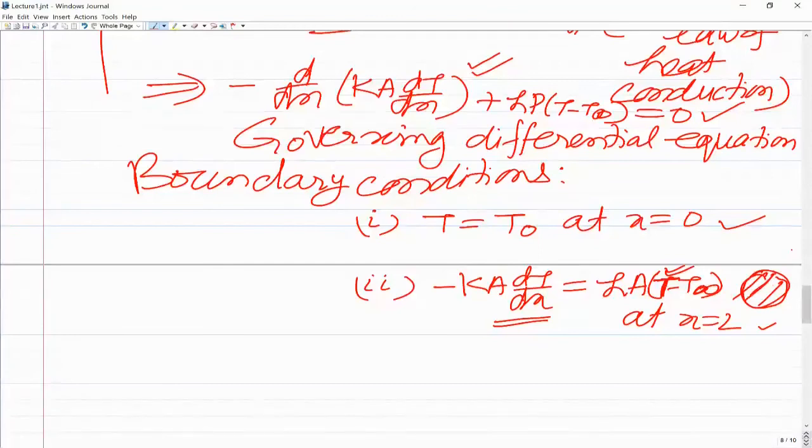That's actually an unknown, and when we solve the problem, if it comes out as T equal to T infinity, then there would be no heat transfer through convection at that cross section at the right end. So we are not taking T as T infinity, but different from T infinity. Okay, sir. Given that the fin itself is at a higher temperature compared to the environment, there is some convective heat transfer happening at the right end of the fin also. Okay.